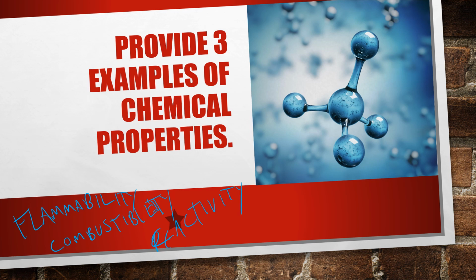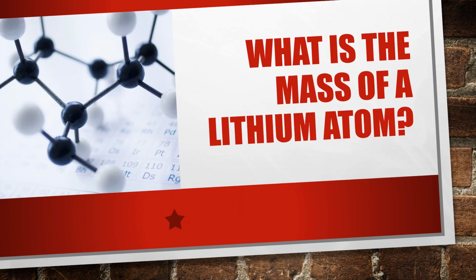These are the three most prominent examples. You could also say if something's an acid, so you could say acidity, alkalinity. That's getting a little complicated there, but those are the three big ones I want you guys to know. Okay, flammability, combustibility, reactivity. You can only observe those during a reaction.